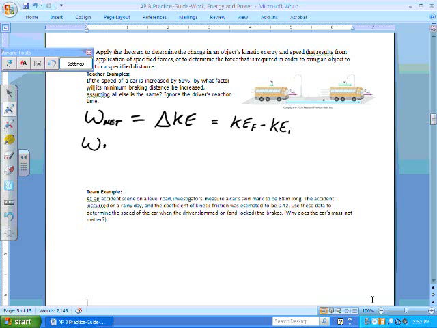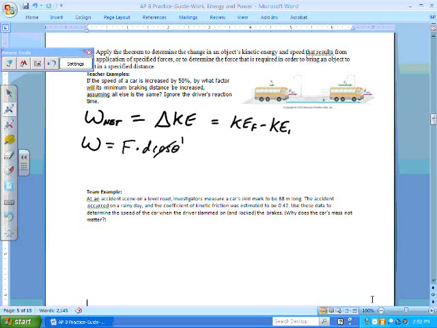Okay, so let's take the first case. Work, as we know, equals force times displacement times cosine of theta between them, but the angle between the applied force and the direction that we're doing work is the same, so the cosine of that angle is going to be 1.